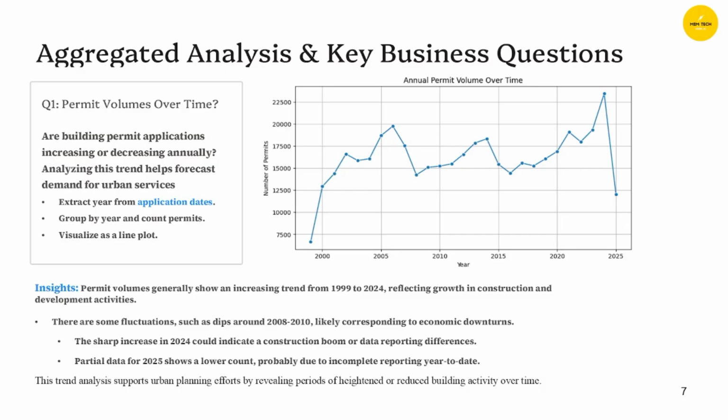There are some fluctuations, such as dips around 2008 and 2010, maybe corresponding to economic downturns. The sharp increase in 2024 could indicate a construction boom, or data reporting differences.